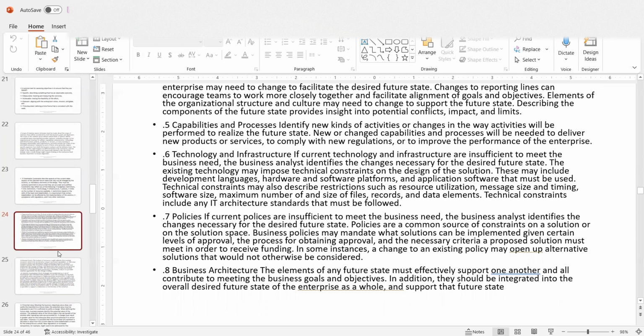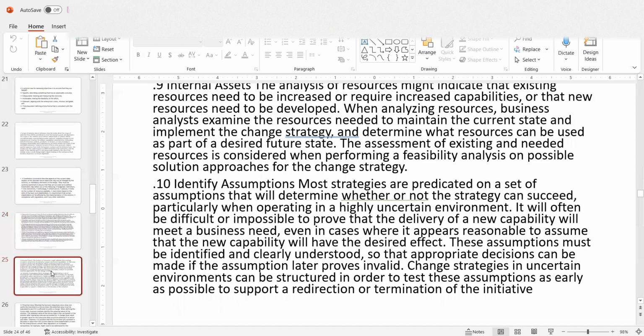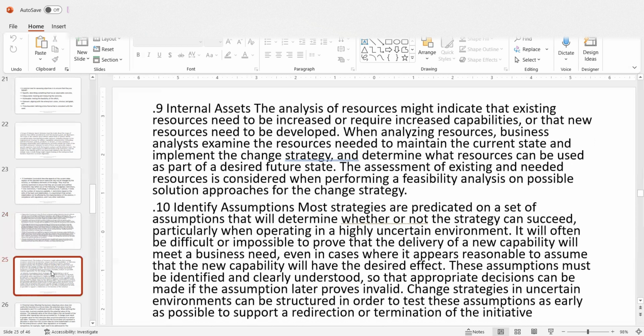Are there any policies that they need to follow, specific to business policies? Are there any elements of any future state that must effectively support one another? So she looks at it more from a holistic perspective, like are there pieces that she needs to consider when crafting the future state? Looks at internal assets.